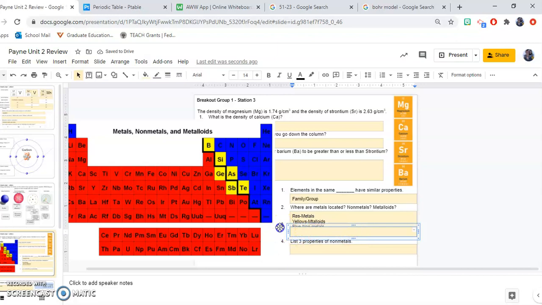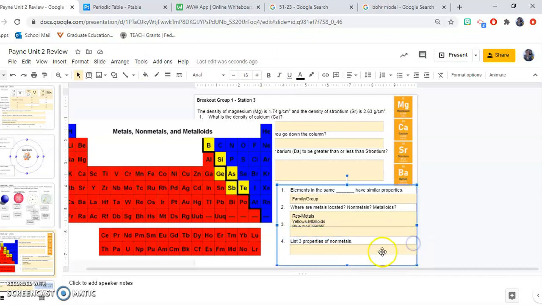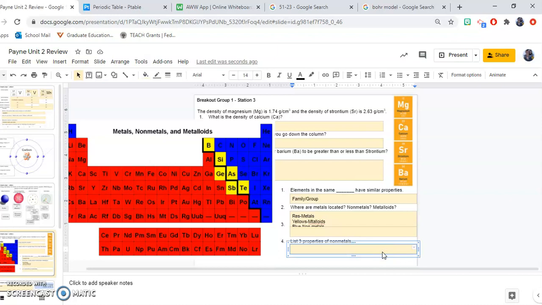Okay, so list 3 properties of nonmetals. Well, we knew from our lab that nonmetals are brittle, no shine or luster, and then non-conductive, which means electricity won't pass through them or heat doesn't pass through them very easily.